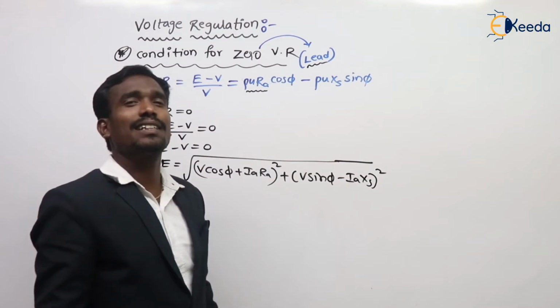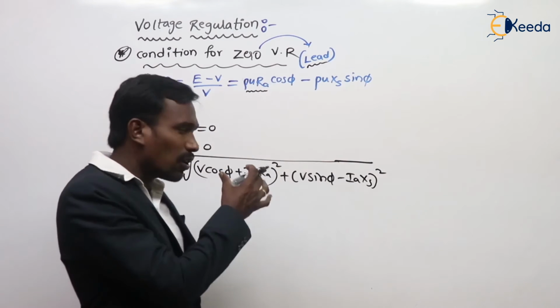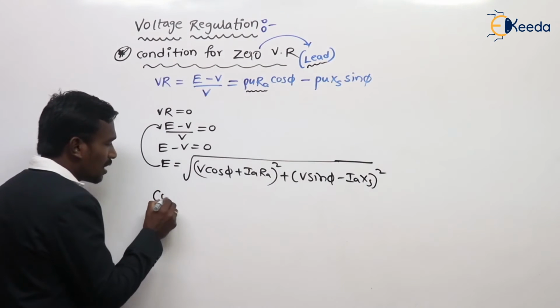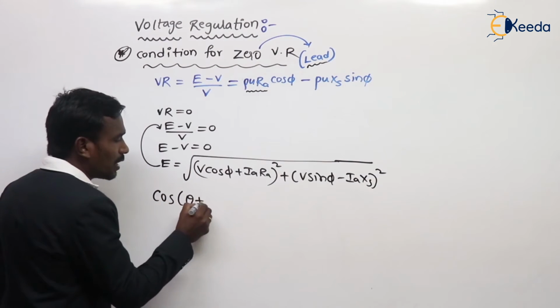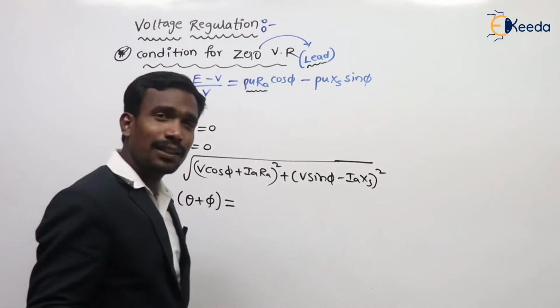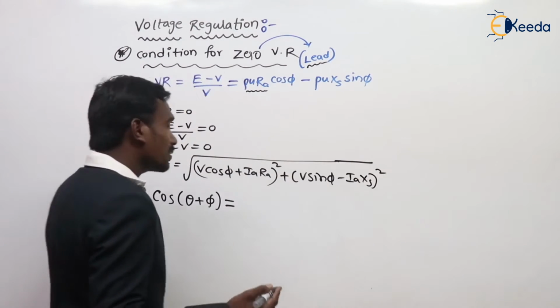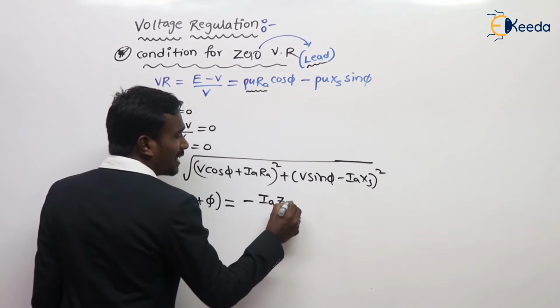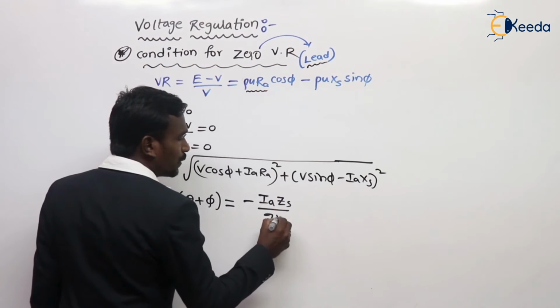If you calculate this, after solving all the equations, you will get the answer: cos of theta plus phi is equal to, very important, listen carefully here, cos of theta plus phi is equal to minus IAZS upon 2V.